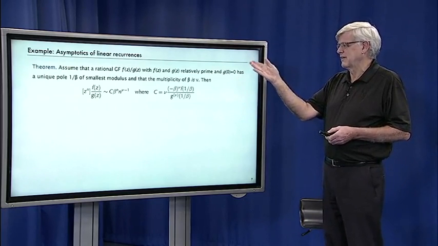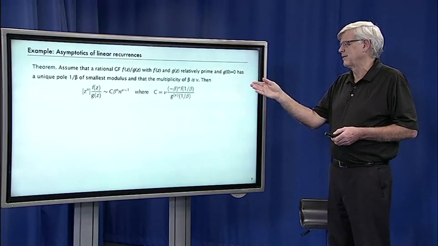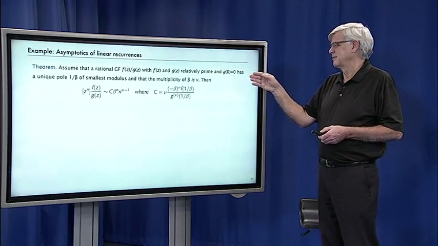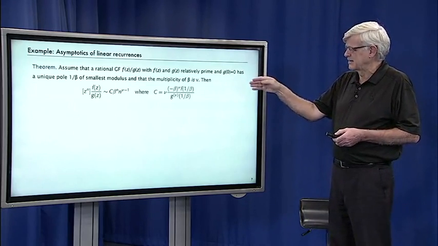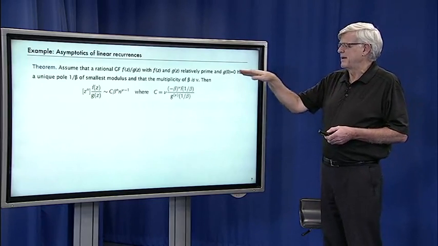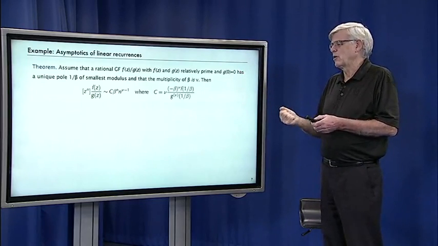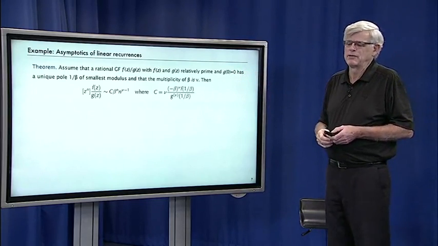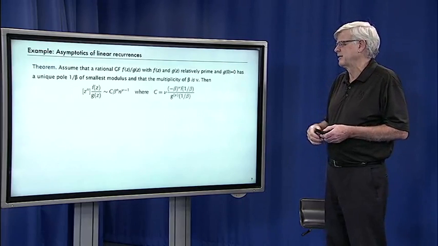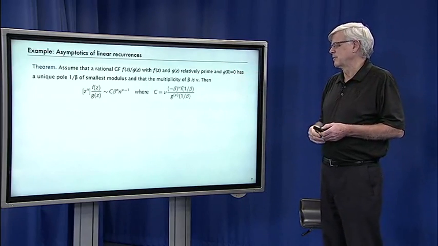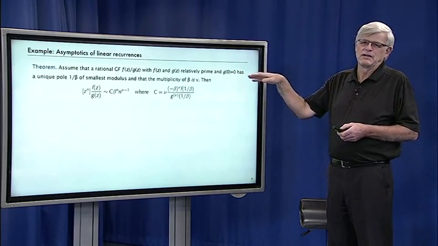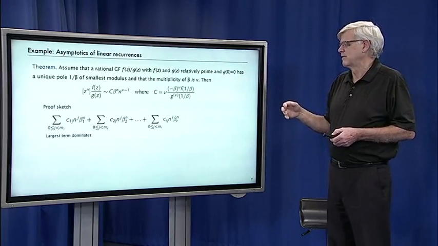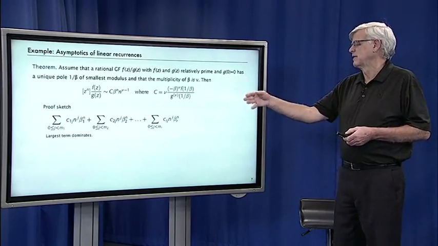The coefficient of z^n in the ratio of the 2 polynomials is asymptotic to a constant times beta^n n^(nu-1), where beta is the smallest modulus root of the polynomial in the denominator, and nu is its multiplicity. So this is just picking the leading term off of the more detailed theorem.